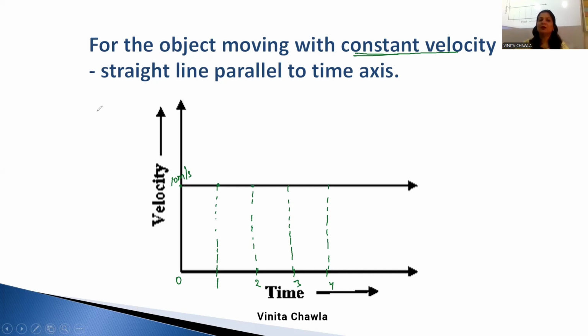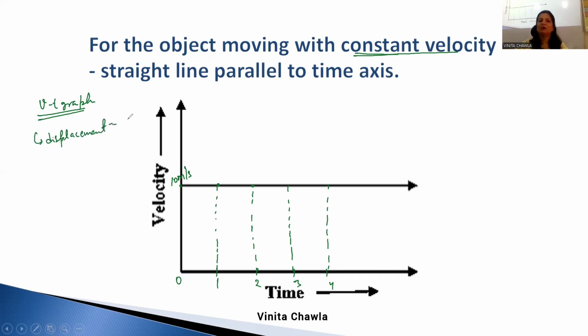From a velocity time graph, we can find two different quantities. How do we find them? We can find displacement. How do we find displacement from a velocity time graph?